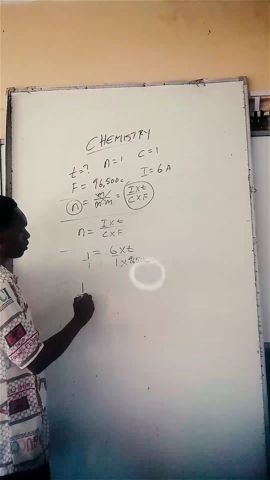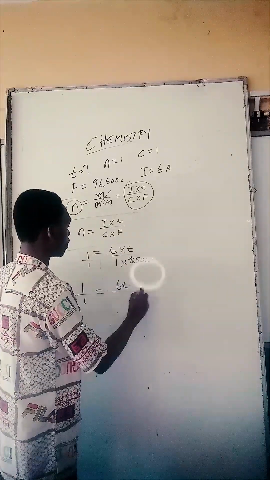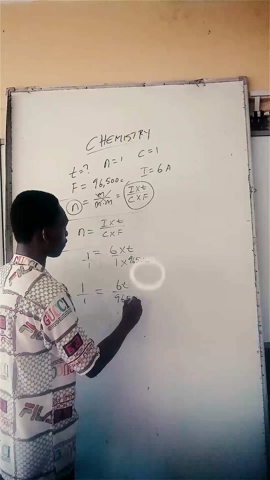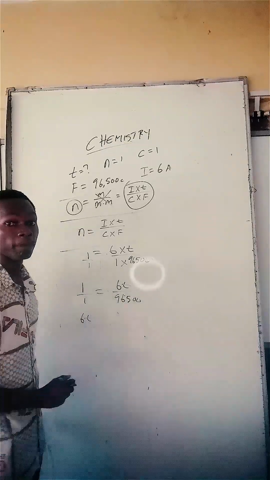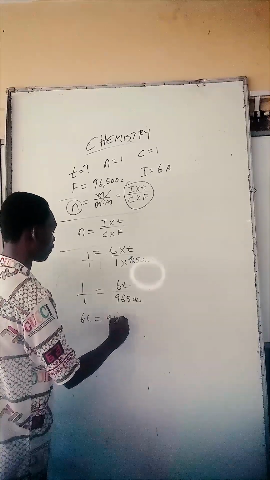This will give us 1 over 1 equal to 6 times T, which gives us 6T all over 96,500. If we cross multiply, this will give us 6T equal to 96,500.